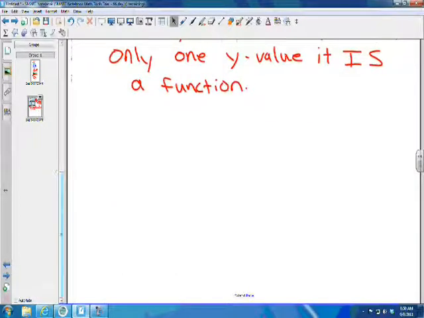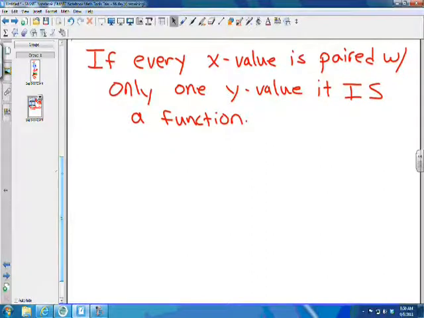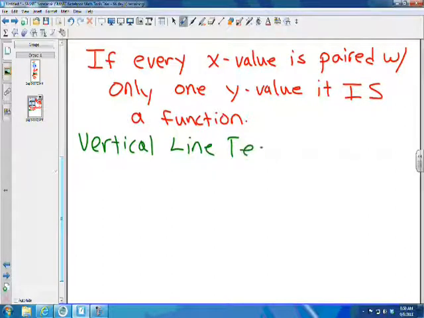Now, that's if they give you points. Sometimes they'll just give you a graph and ask you, is this a function? So you don't have the points. In that case, you have to use the vertical line test. It's kind of hard to define the vertical line test, so this definition might be a little confusing, but when I show you how to use it, I think it'll be all right.